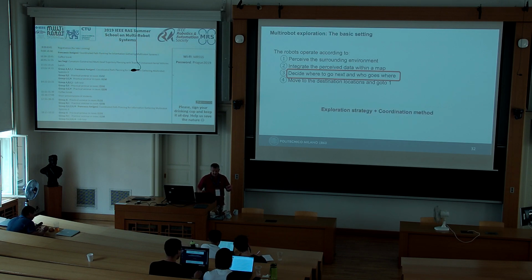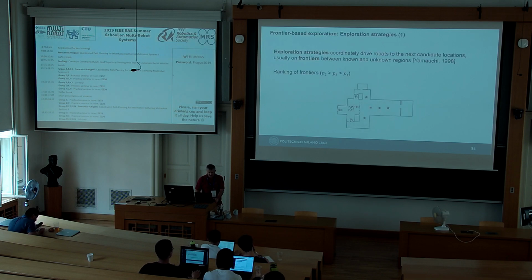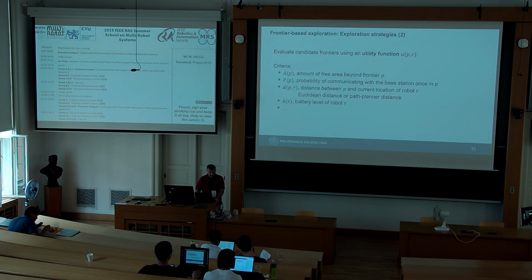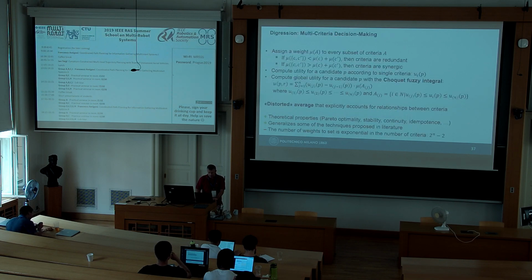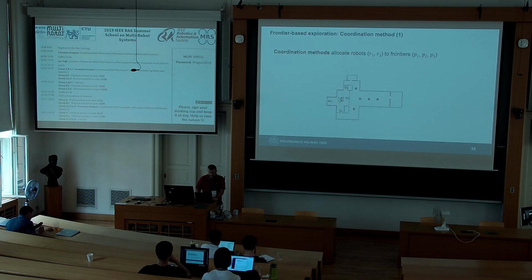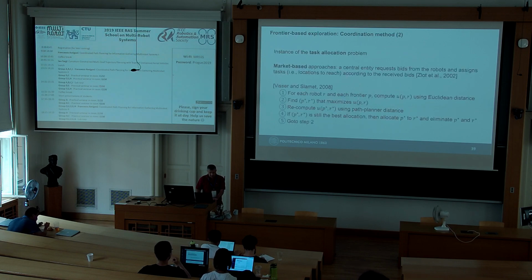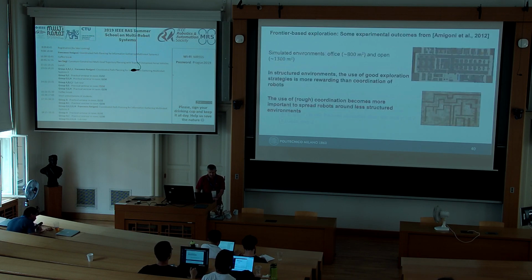These techniques are studied under the names of exploration strategies and coordination methods. We have seen some exploration strategies for deciding the ranking of the possible locations to which the robot can go, and then some coordination methods that are based on task allocation.